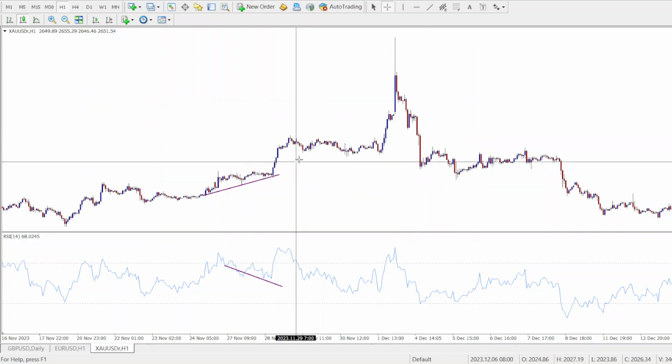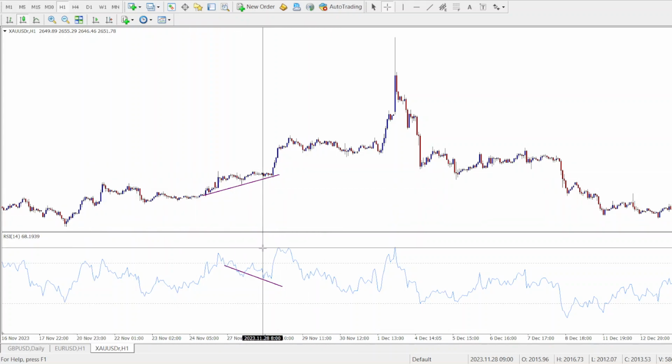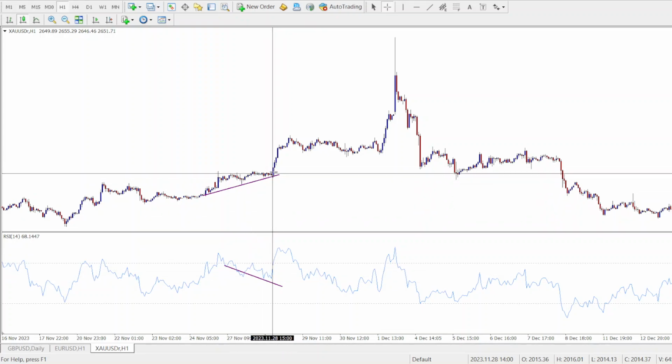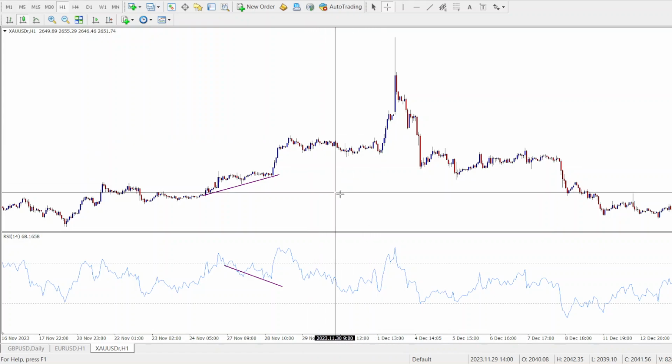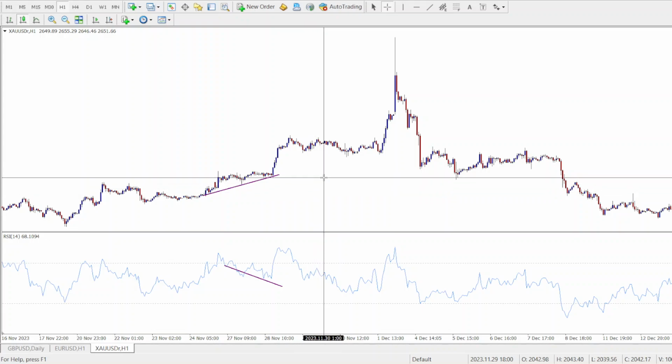So it did not reverse immediately. If you are in a buy trade, you can still hold after seeing the hidden divergence, because it's possible that the price will actually continue in the direction. If it was a regular divergence, that's when you might want to be quick to exit.